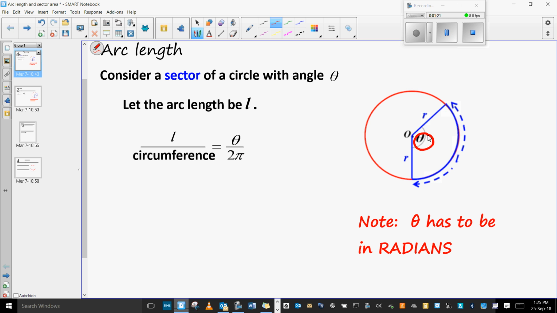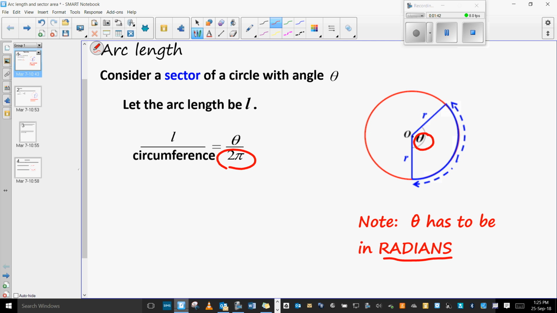Why is it over 2 pi? It's like a 360 thing. If we've been talking degrees, this would be 360. But because we've said it's going to be in radians, that's why it's over 2 pi.